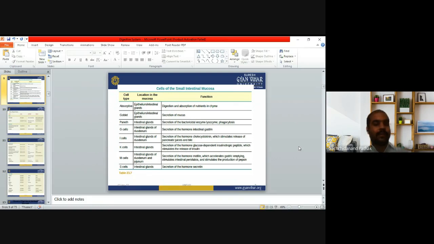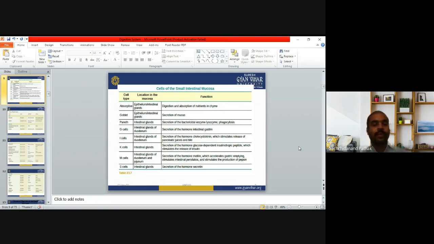The K cell is present in the intestinal glands and secretes the hormone glucose-dependent insulinotropic peptide, which ultimately causes the release of insulin from the pancreas.